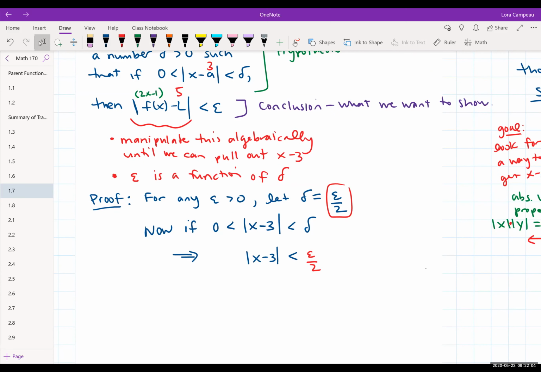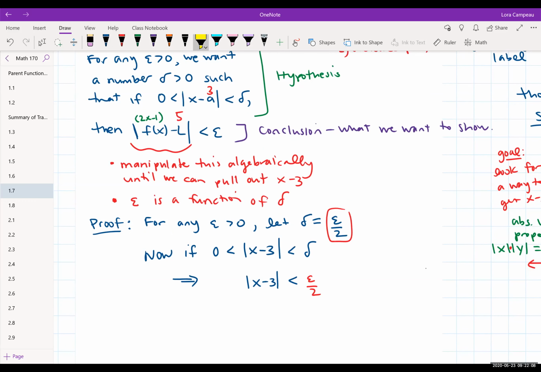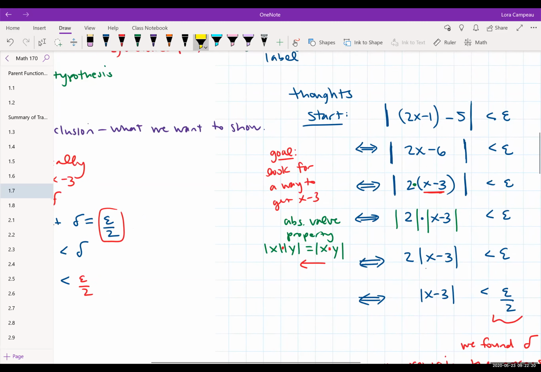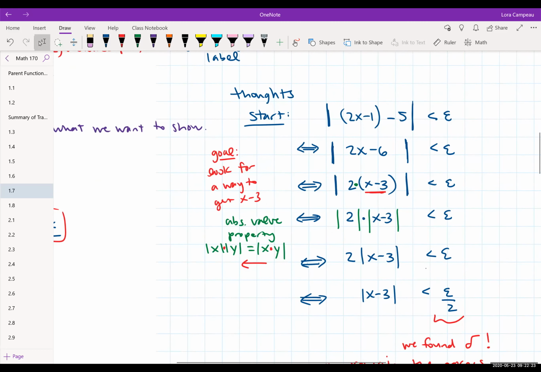And now we're trying to figure out how we can get the concluding statement. How are we going to start from the absolute value of x minus 3 to get the concluding statement? This is the reason why we went backwards. I'll shrink it so we can see this side by side.